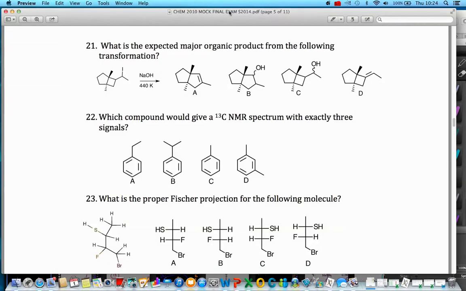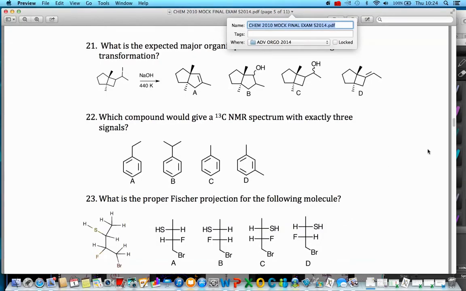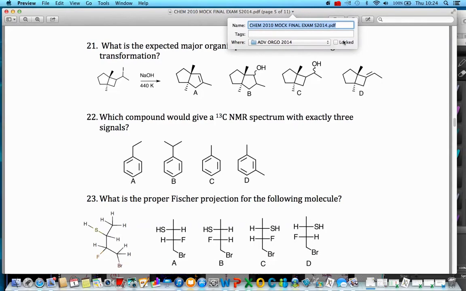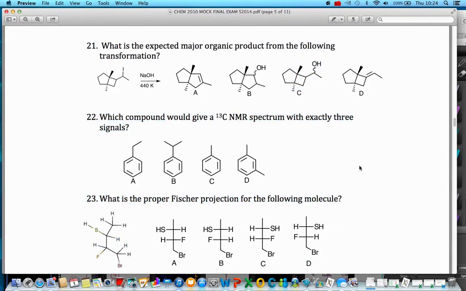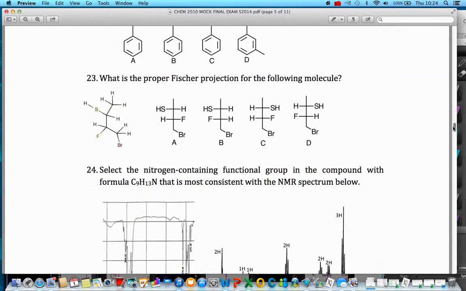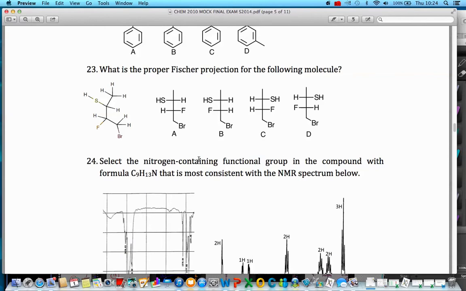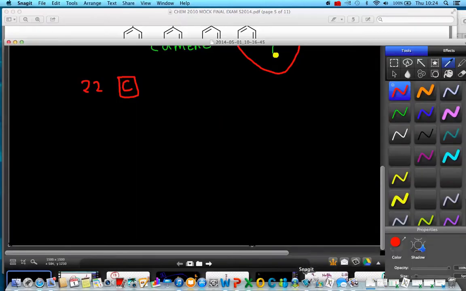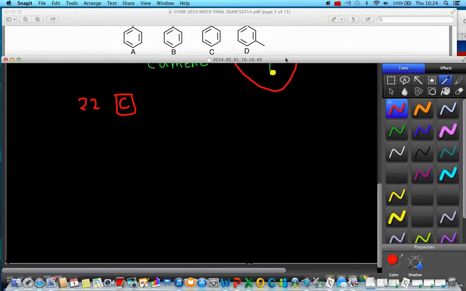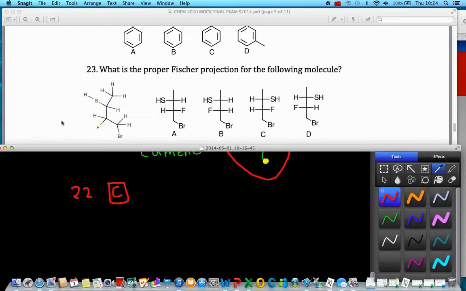And let's look at 23. We want the Fischer projection for the molecule that is rendered to the far left. Remember, in a Fischer projection, when you're on the vertical axis, you're going into the plane of the screen. And when you're on the horizontal axis, you're coming out of the plane of the screen. And so this is already oriented so that these are popping out.